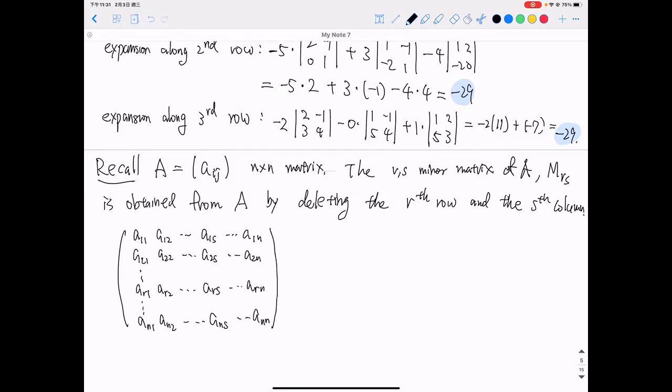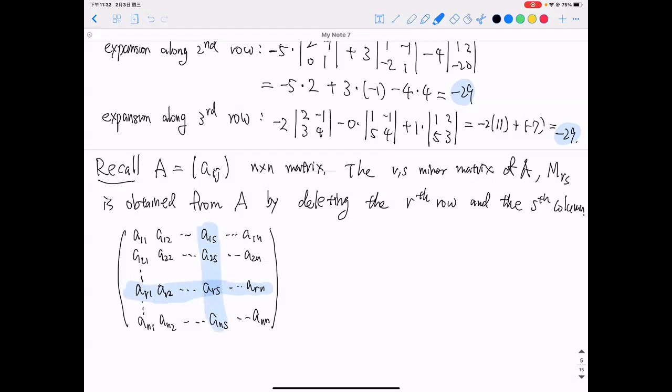Then we're deleting the rth row, that's here. We're also deleting the sth column, so that's here.